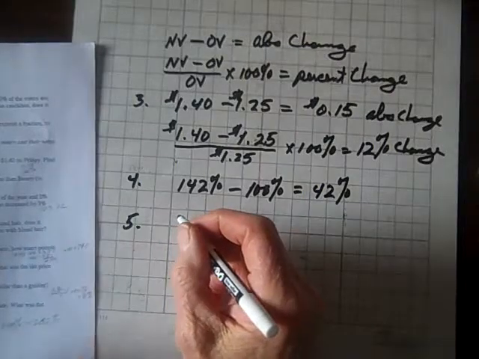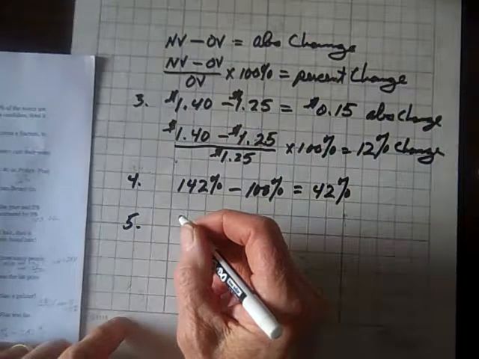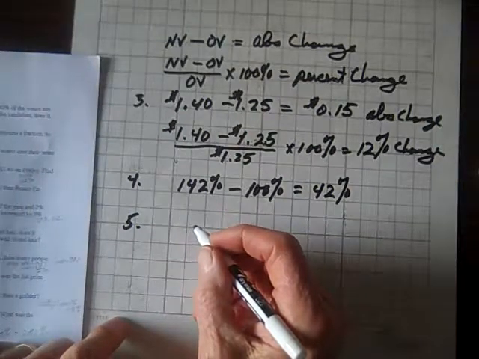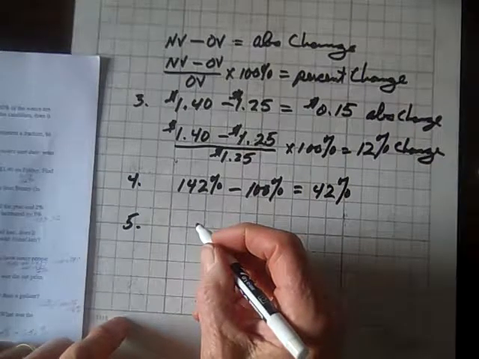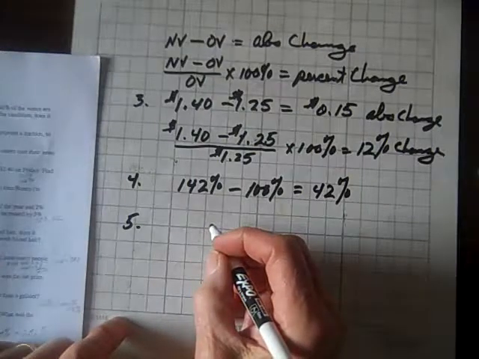So if the balance in your bank account increases by 1% during the first half year and 2% during the second half of the year, does it follow that the balance has increased 3% over the entire year? Well, let's check that out.